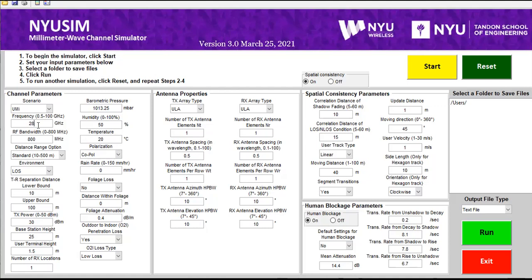The early deployments are using 28 gigahertz as their high frequency mostly. And of course, let me tell you, many 5G deployments are not using high frequencies. But when they're using high frequencies, 28 gigahertz has become most popular so far, but you can set any value up to 100 gigahertz here.